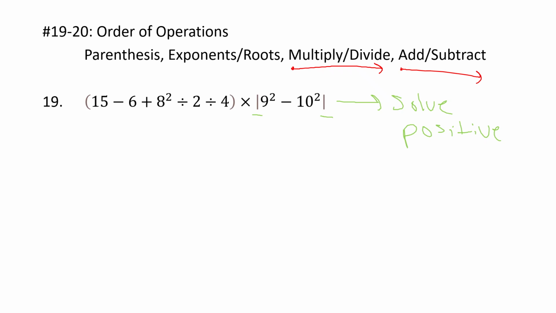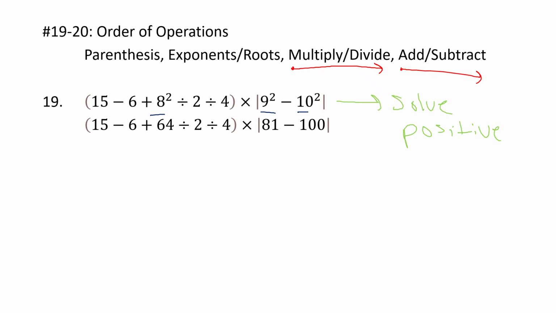Okay, so in here we're going to do our parentheses first, but inside of the parentheses we have to follow our order of operations. So what we're going to do first is we're going to do our exponents and roots first. So this, and this. Let me kind of clean up this green. Okay. And then we have 8 squared is 64, 9 squared is 81, 10 squared is 100.